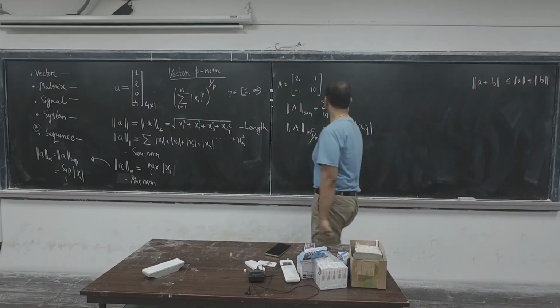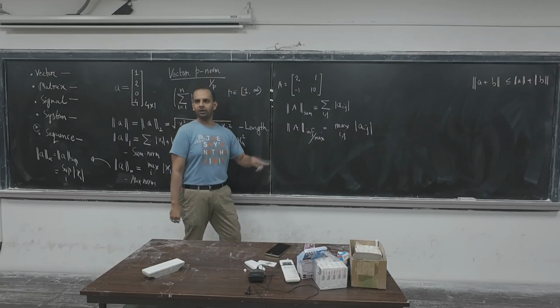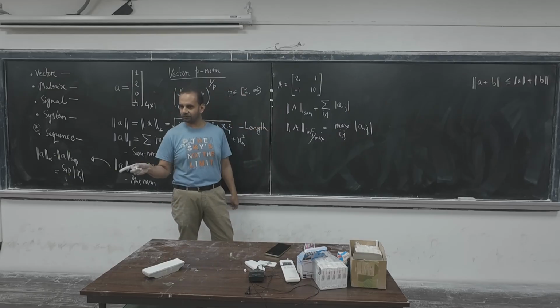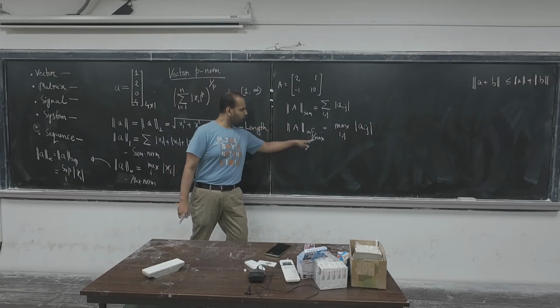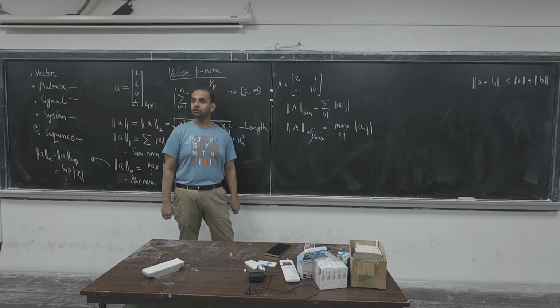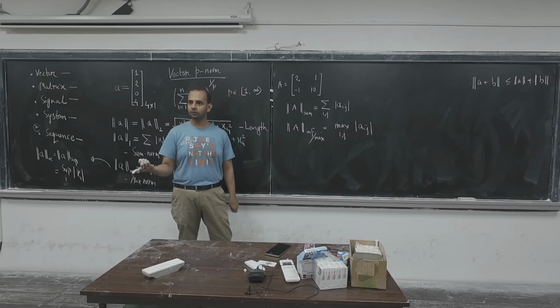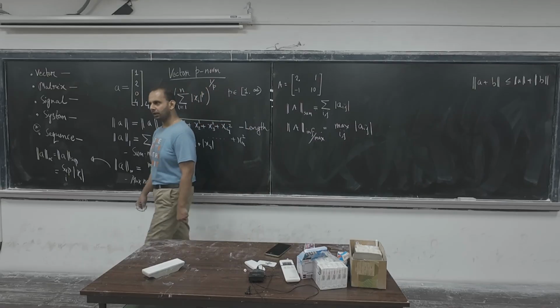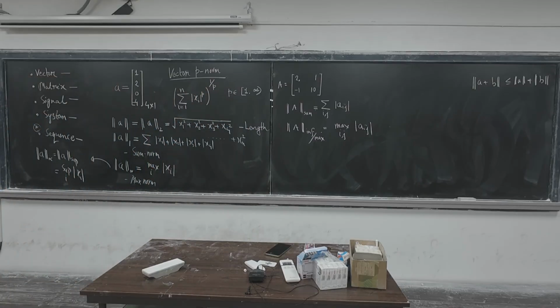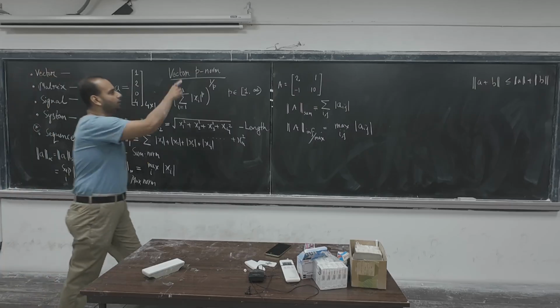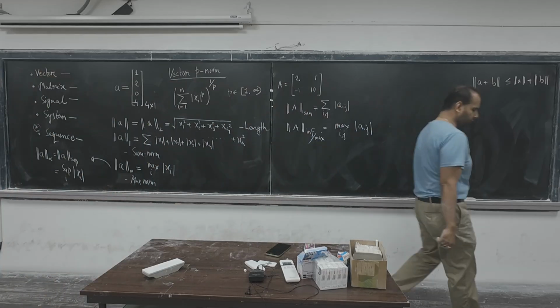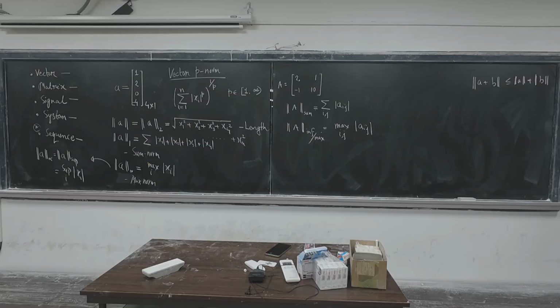Sometimes we need one because it is in some sense related to the trace of a matrix. Then sometimes we need the infinity norm, mostly the spectral norm, which is also the 2 norm. And in some cases the Frobenius norm as well. But the row sum norm and column sum norm are also there, although in control we don't use them that much.